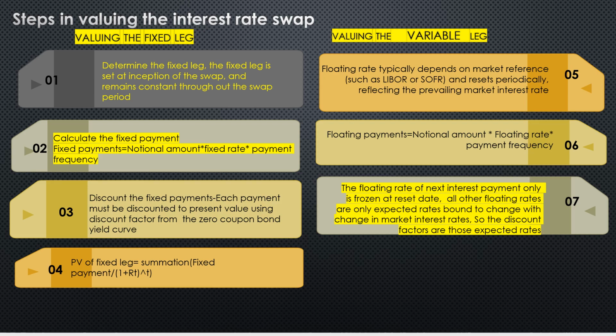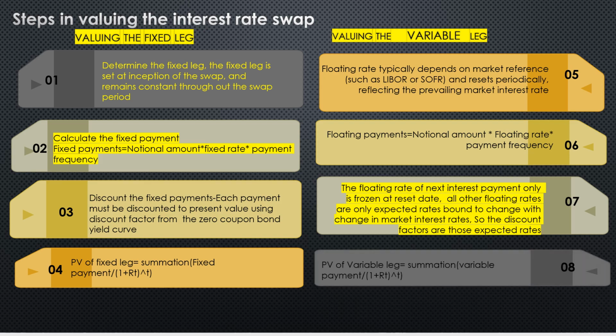All other floating rates are only expected rates, bound to change with change in market interest rates. So the discount factors are those expected rates. The present value of variable leg equals summation of all variable payments divided by (1 + R_T) to the power T.